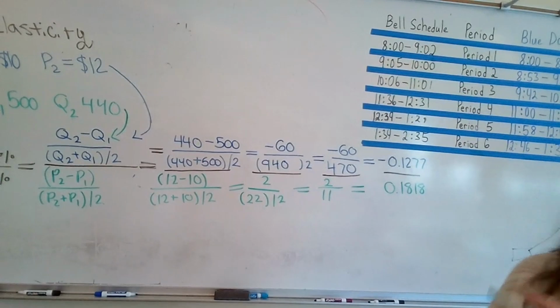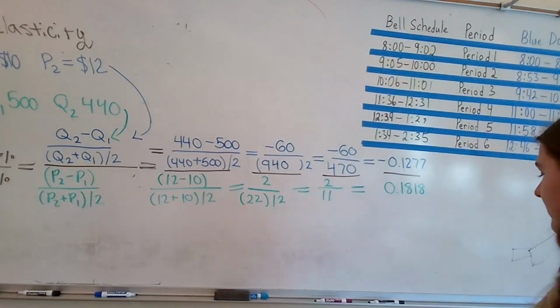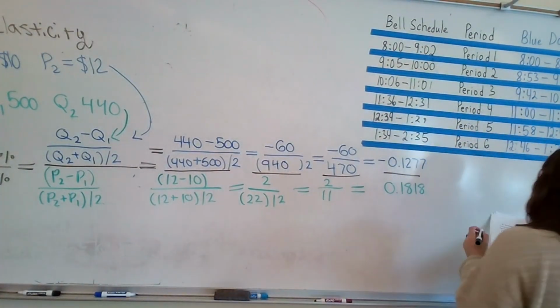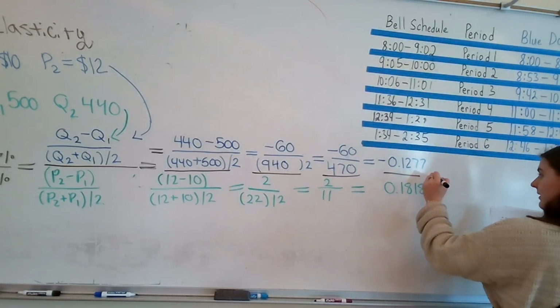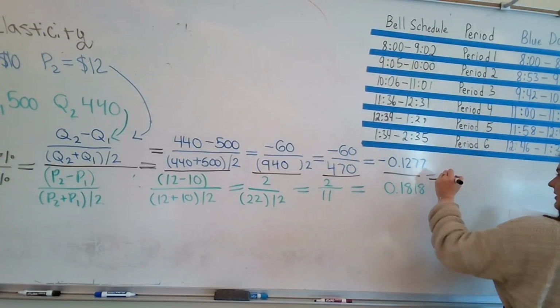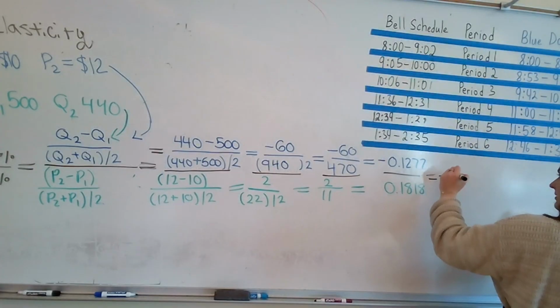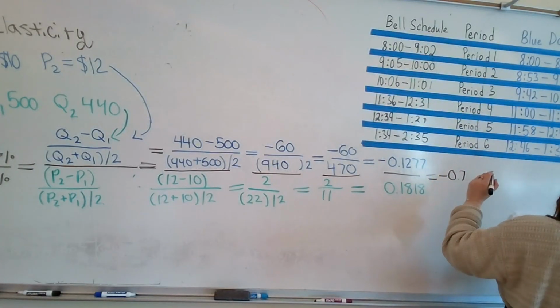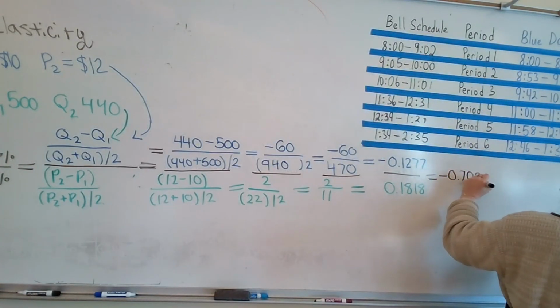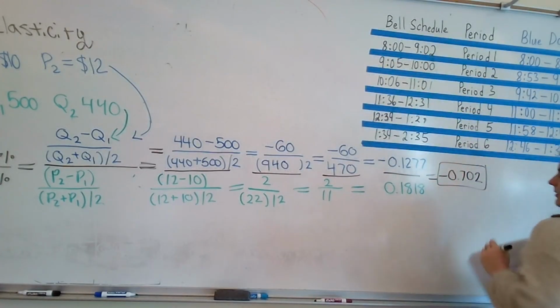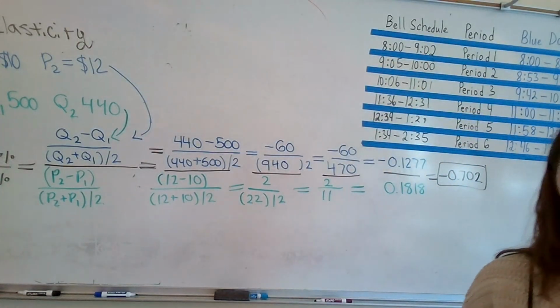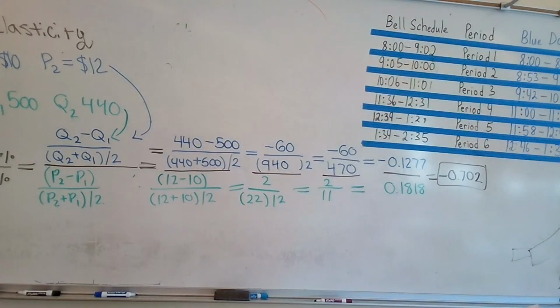Last step, divide those. What is that going to give us? We're going to get price elasticity of about 0.702.